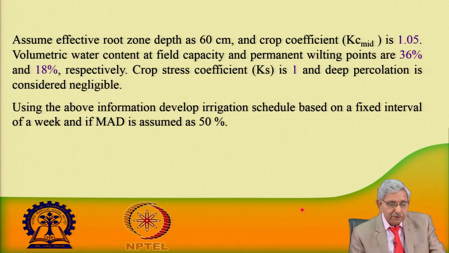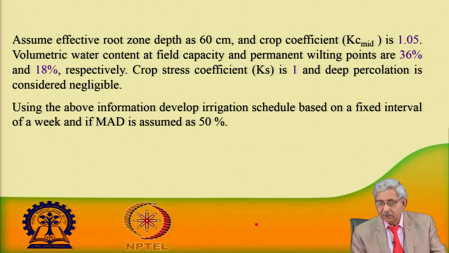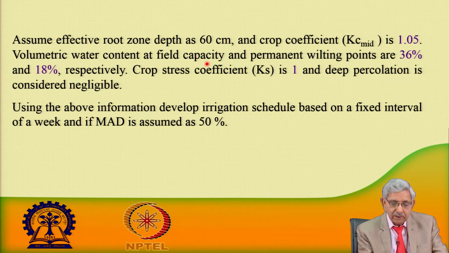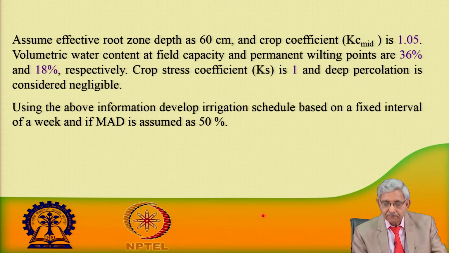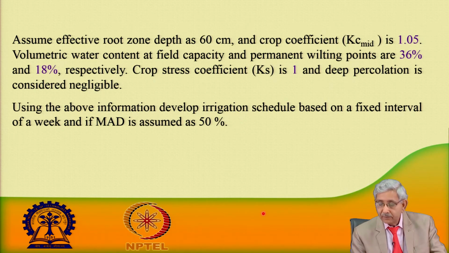Here it is assumed that the effective root zone depth of the crop is 60 centimeter. The crop coefficient at the mid growth stage is 1.05. Volumetric water content at field capacity and wilting point are 36% and 18%.